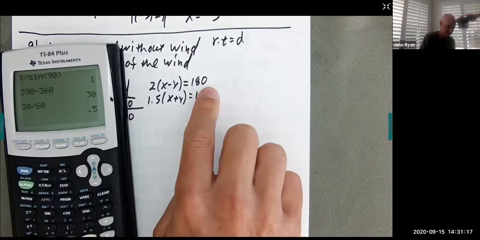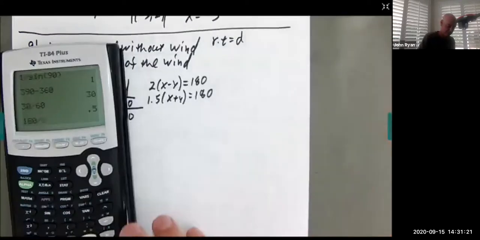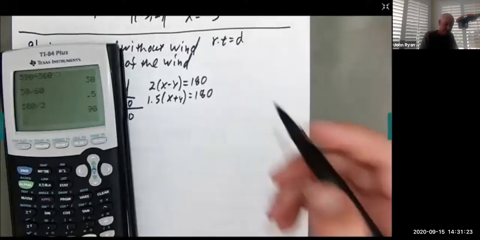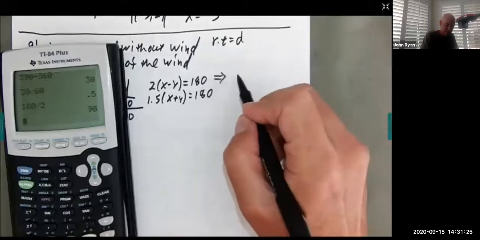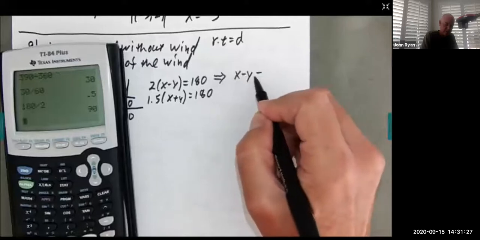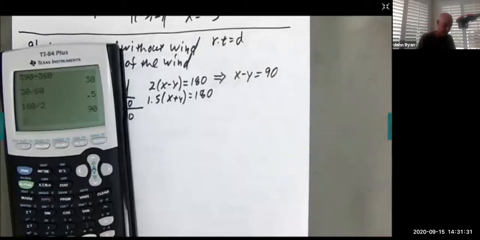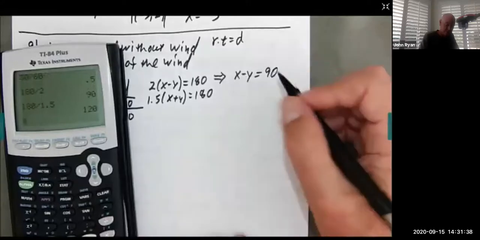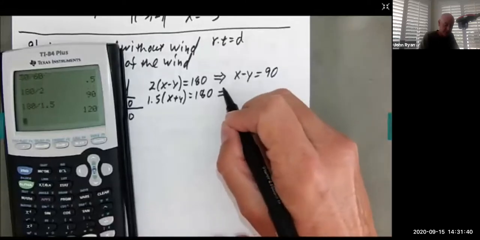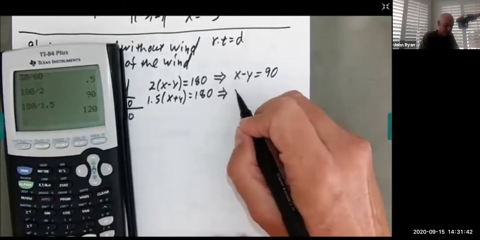So 180 divided by 2 is 90. Often textbook problems will come out nice and pretty like this. Also, I have 180 divided by 1.5. You don't have to do this, by the way. This is completely optional. I think it makes the problem a little bit easier to do.